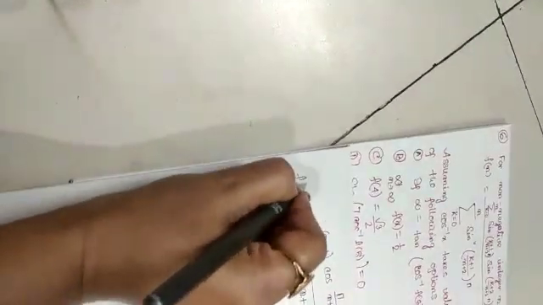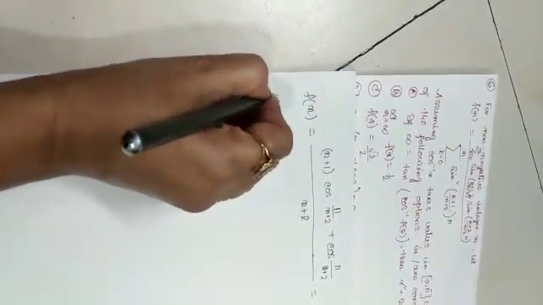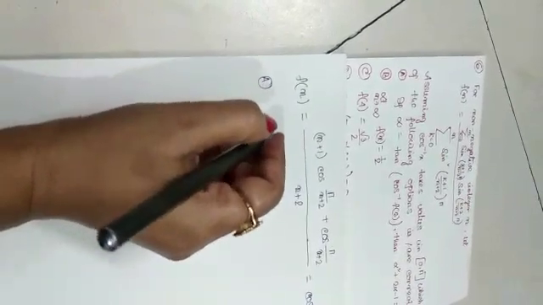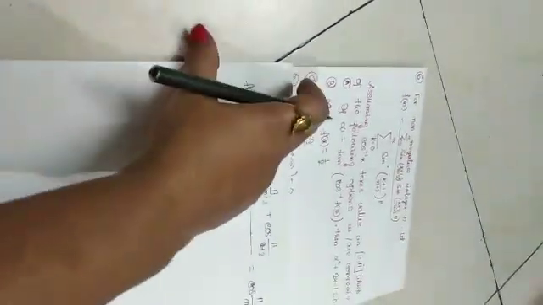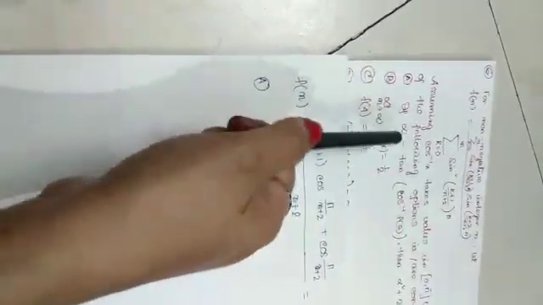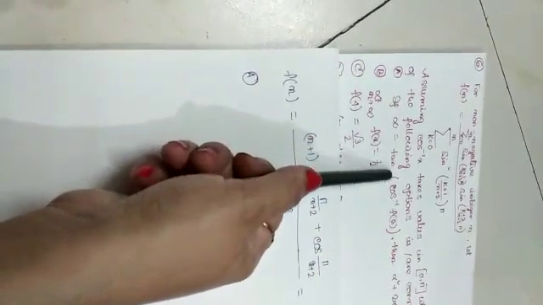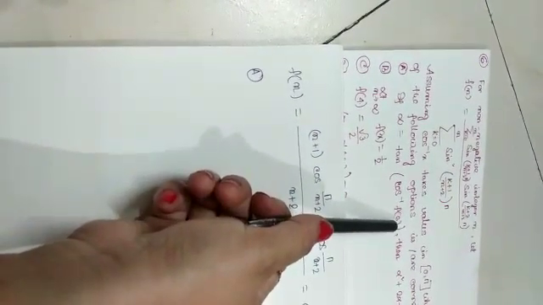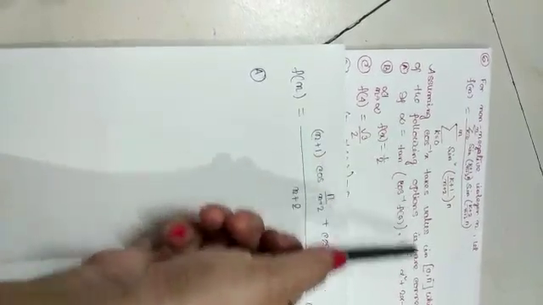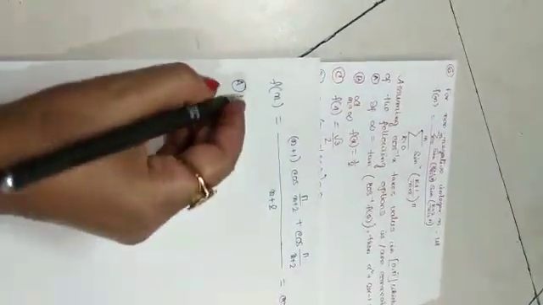Now we go to the result, option A. Option A: limit tan of cos inverse f of 6, call it alpha, then alpha square plus 2 alpha minus 1 is equal to 0.